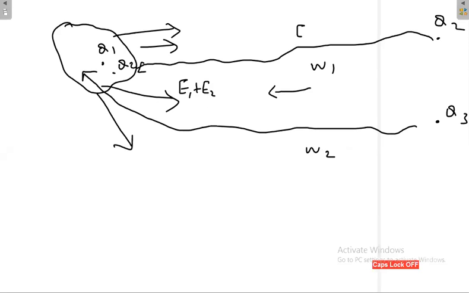In the earlier case I was doing work against E1 alone. But one thing is very clear: when I bring the charge q1, how much work have I done? 0 work. When I bring the charge q2, I have done q1 work.